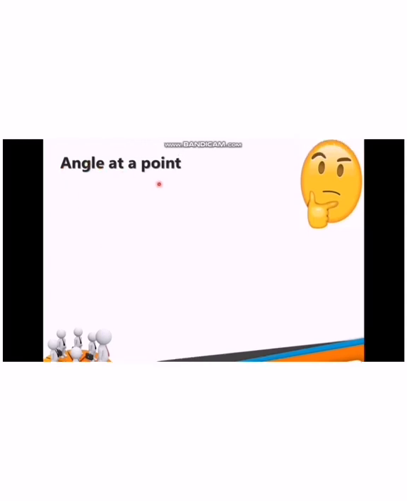Angle at a point. Let's take a straight line. We take a full angle at the upper side of the line. Then we take another angle at the bottom side of the line.